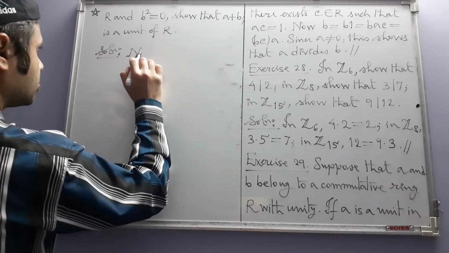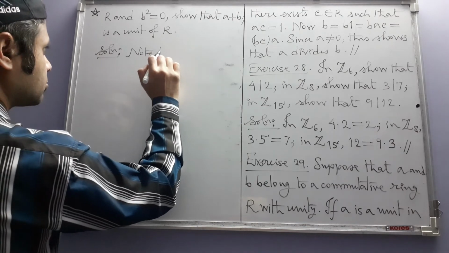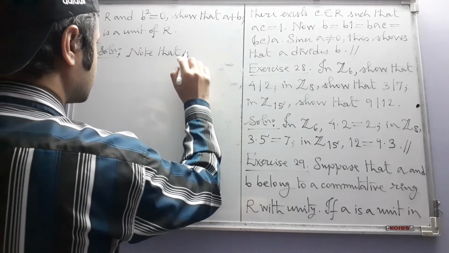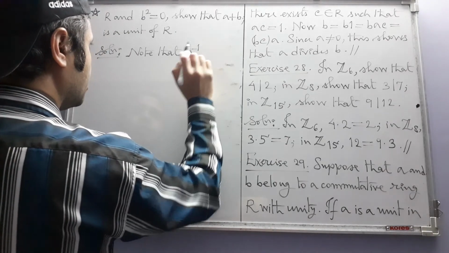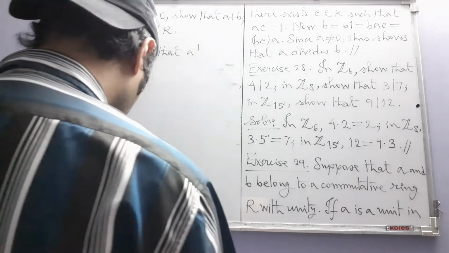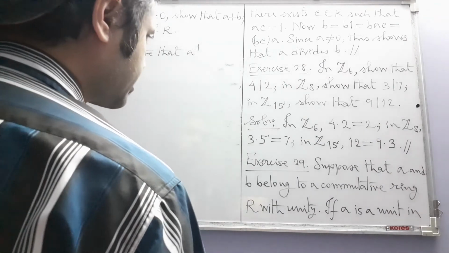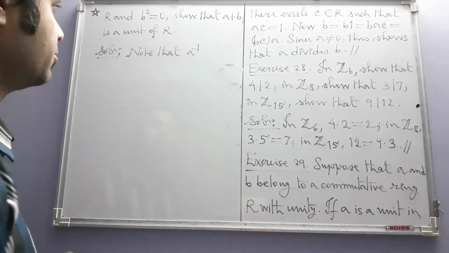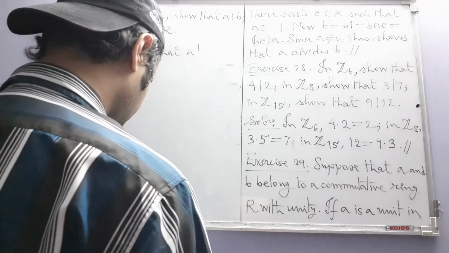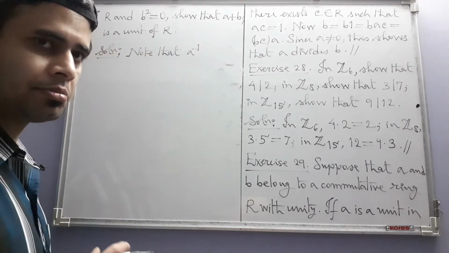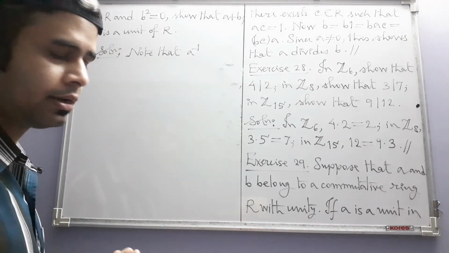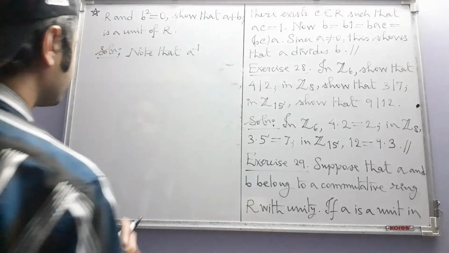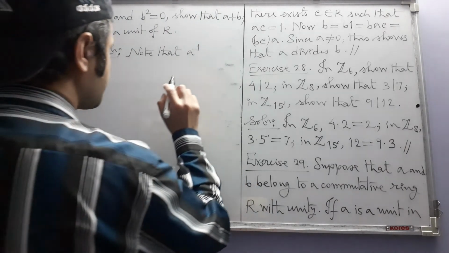Note that A inverse. Oh, okay, I forgot that the notation for the inverse is also available to us. A inverse denotes the multiplicative inverse of A when that exists, and it's given that A is a unit, so A has a multiplicative inverse.